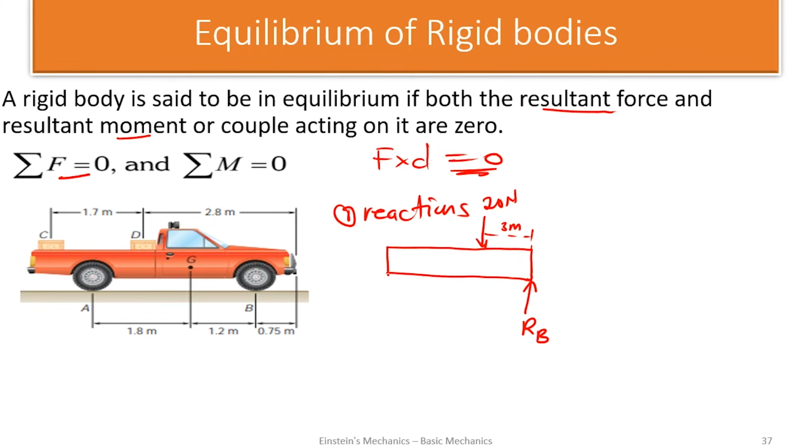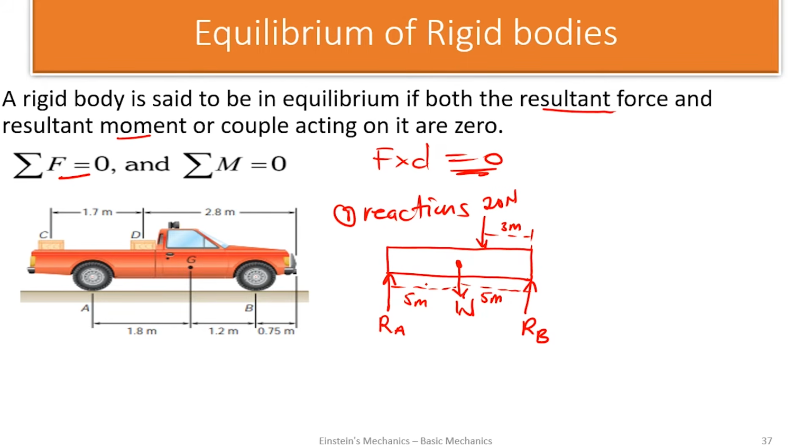I have another reaction, RA, and I have another. So let's say the center is here. Now the width of this is W, and the distance here is also, let's say, 5 meters.